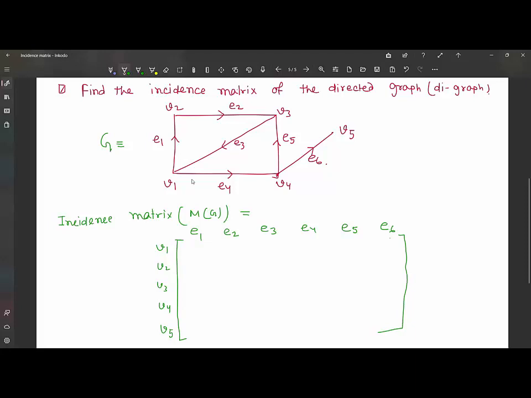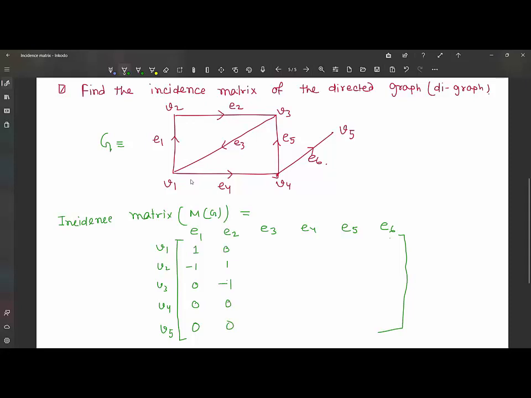First comes E1. E1 goes outward from V1 and inward to vertex V2. So V1 will get 1 because E1 is incident out from the vertex V1, and it is incident into the vertex V2, so V2 will get -1, and all other values are 0. Similarly, E2 goes out from V2, so V2 will get 1, and into the vertex V3, so V3 will get -1.